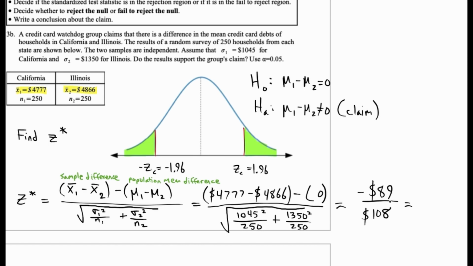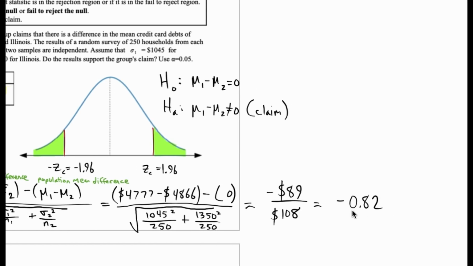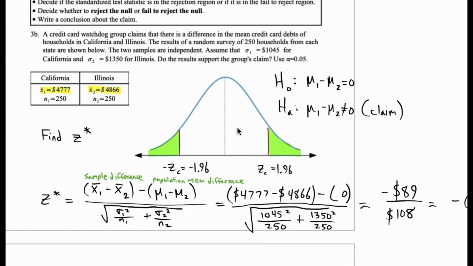So the actual sample mean difference was $89, but the standard error was 108. If our standardized test statistic is negative 0.82, would we be in a rejection region or no? We would not be, right? We are somewhere around here with our z star. So what does this tell us statistically?